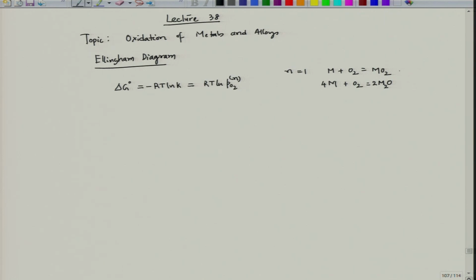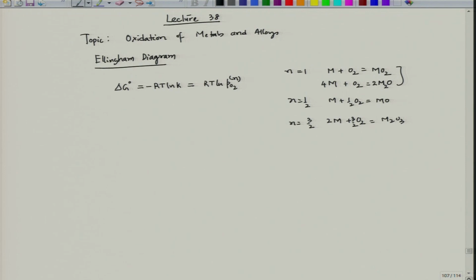In both cases I will have n equal to 1. N would be half when we write the equation like M plus half O2 equal to MO, and n equal to 3 by 2 when we write 2M plus 3 by 2 O2 equal to M2O3. So, like that n would vary.